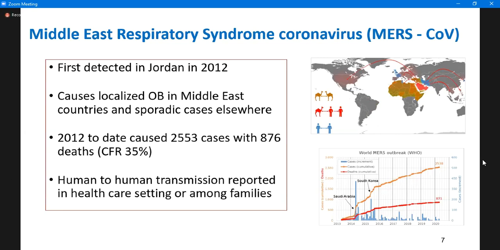Since 2012 up to date, more than 2,500 cases have been reported with 876 deaths, giving a case fatality rate of 35%, much higher than that of SARS coronavirus. Like SARS coronavirus, the MERS coronavirus is also primarily transmitted from human to human within the healthcare setting and within families.